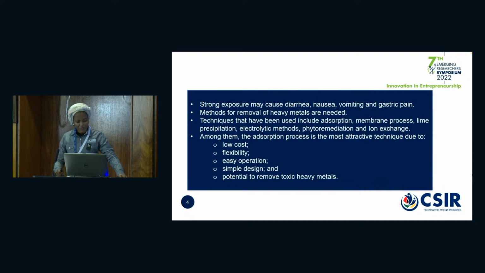The main techniques which have been utilized to reduce lead content in wastewater include adsorption, membrane processes, lime precipitation, electrolytic methods, phytoremediation, and ion exchange. Among them, the adsorption process stands out to be one of the most attractive techniques due to low cost, flexibility, easy operation, simple design, and potential to remove lead in wastewater.